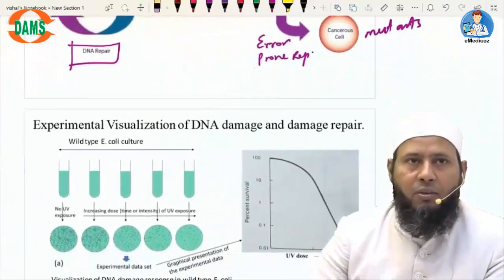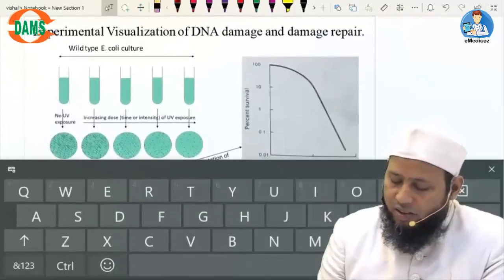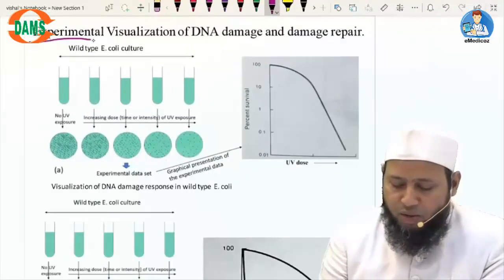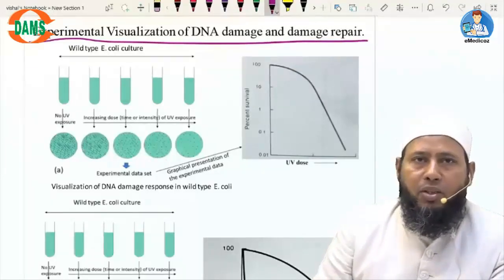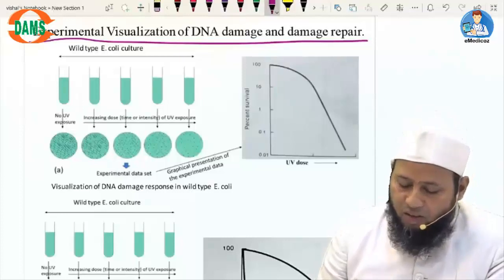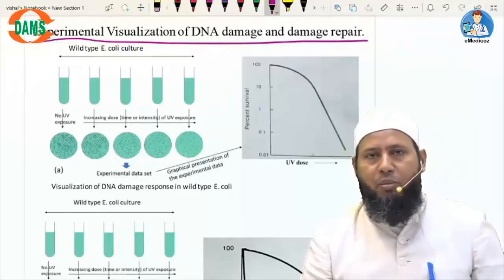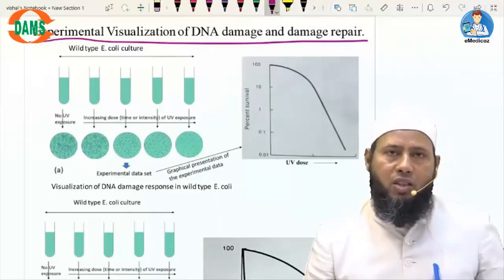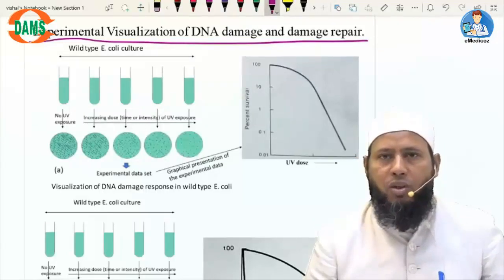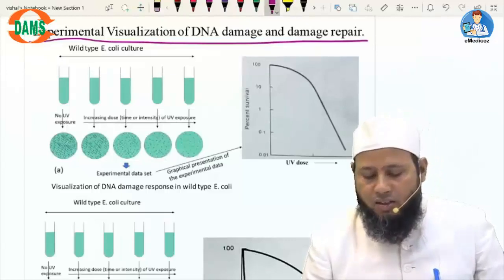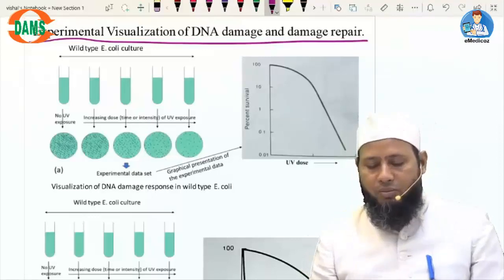Now the next thing is how we can visualize DNA damage and DNA damage repair experimentally. So this is the experimental visualization of DNA damage and DNA damage repair. Basically we do experiments with E. coli, and we use E. coli as a model organism, which is a very easy organism to investigate and study these kinds of questions related to DNA damage and the DNA damage repair system.